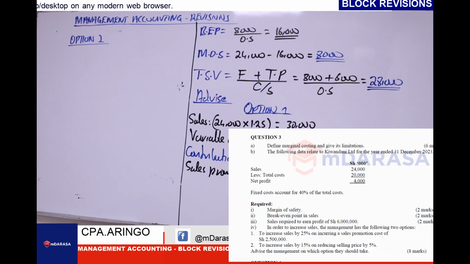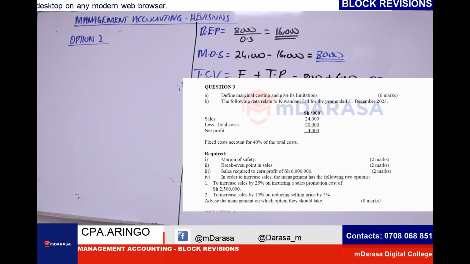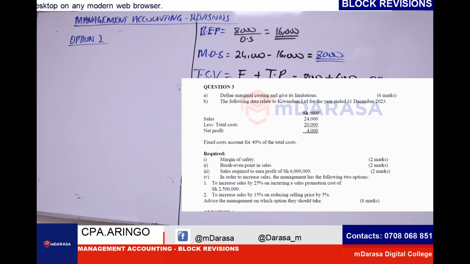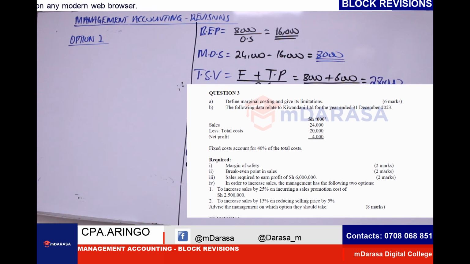A good examiner had asked us here that option 2, we need to increase sales by 15% on reducing selling price by 5%. We increase our sales by 15% while reducing our selling price by 5%.